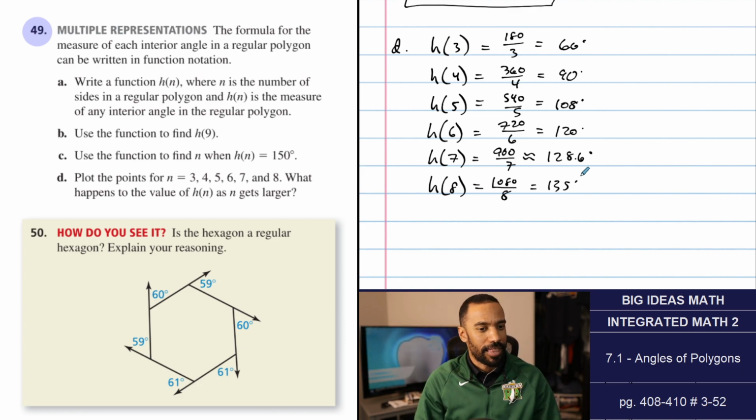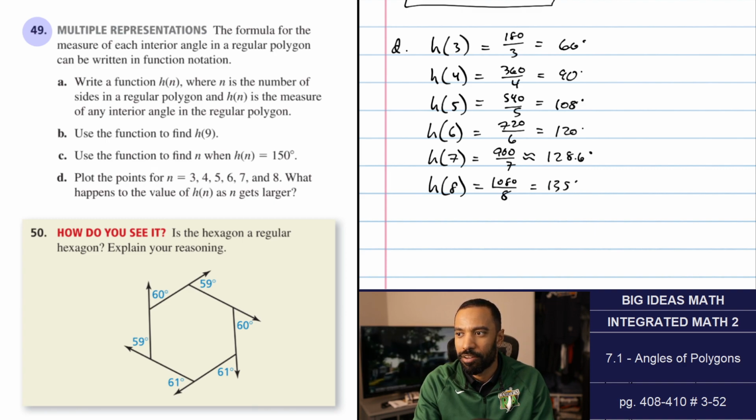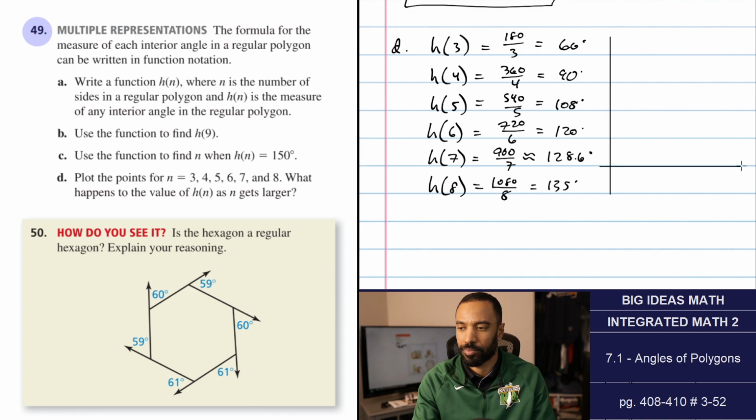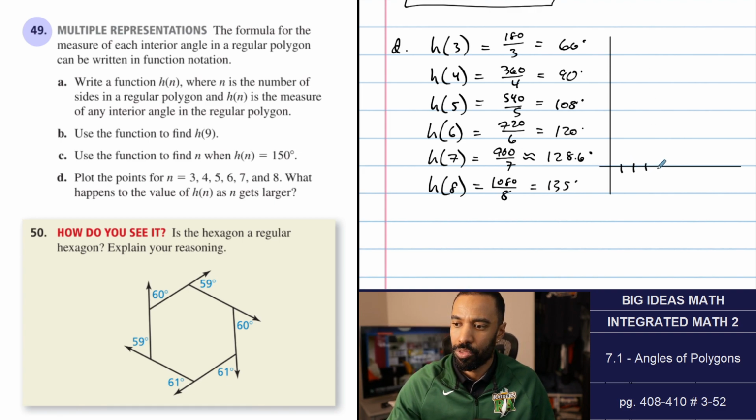They said plot them. What happens to the value of h of n as n gets larger? We can kind of do a rough plot of that. I'm really not going to get too specific with it because I don't have this to scale. But 1, 2, 3, 4, 5, 6, 7, 8.